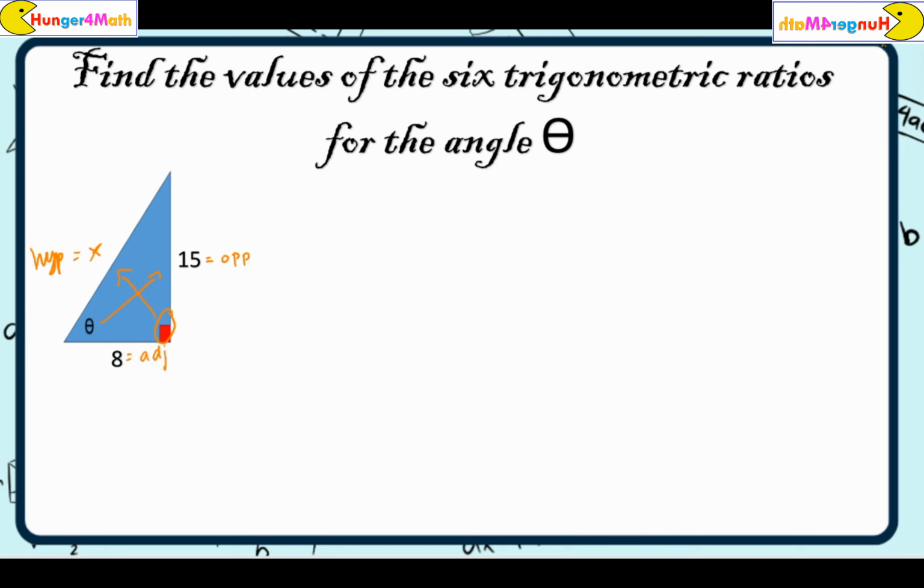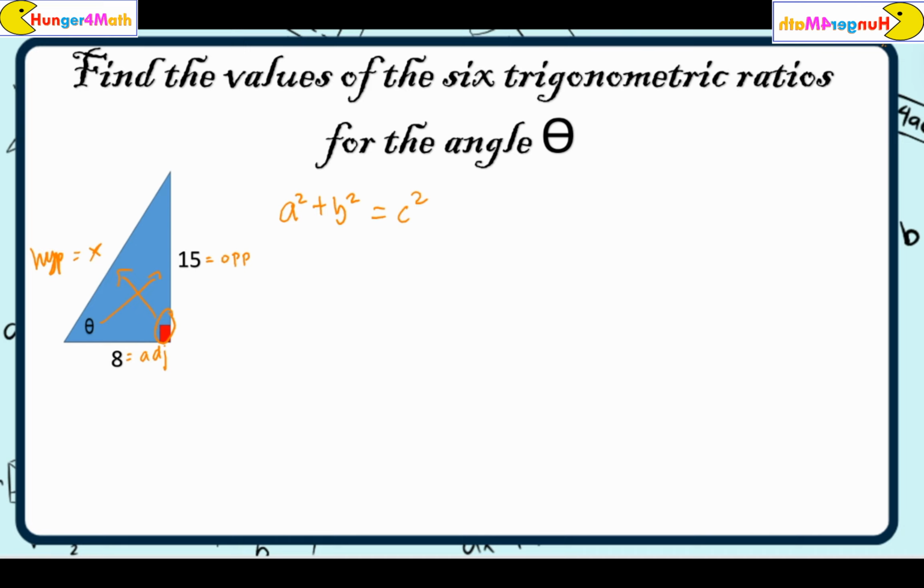Now to solve for the value of x, since it is a right-angled triangle, we can use the Pythagorean theorem, which is a square plus b square is equal to c square. Now x will be letter C, since that is the hypotenuse. Then a will be 8, and 15 will be your b.